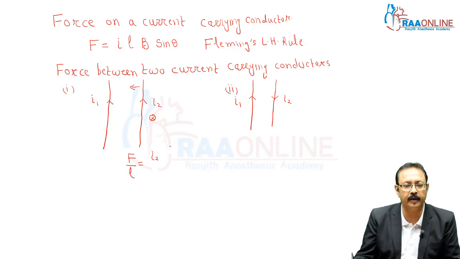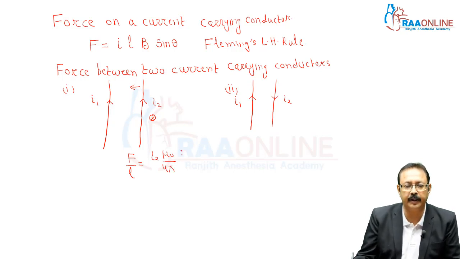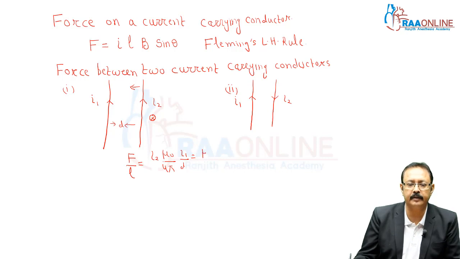We know the formula: mu naught upon 4 pi into 2I by R. I means this current, because the magnetic field is due to that current only. If the distance between these two conductors is D, it should be I1 by D. So what are we getting? A symmetrical result, mu naught upon 4 pi, both currents are involved, I1, I2.